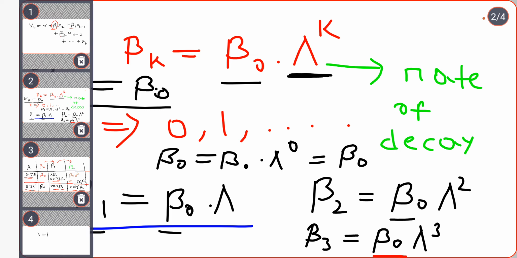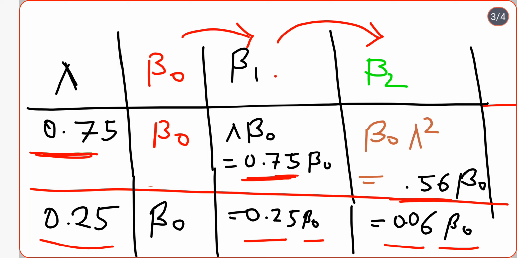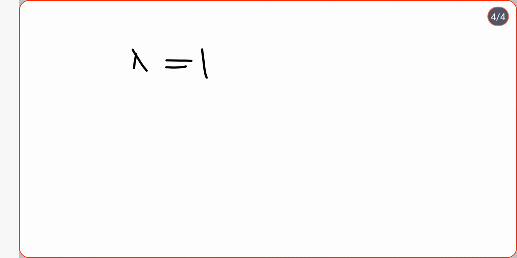So as you can see from the table also, if lambda is getting closer to 1, the betas are decreasing, but at a very slow rate, right? At first it is decreasing by 0.75, but then by 0.56. But if lambda is close to 0, then what is happening?